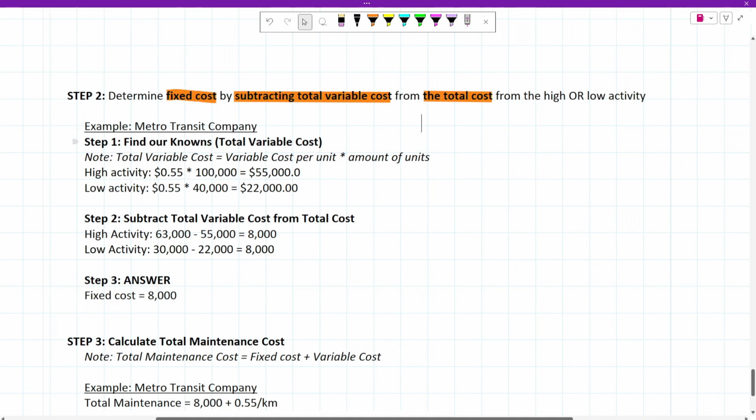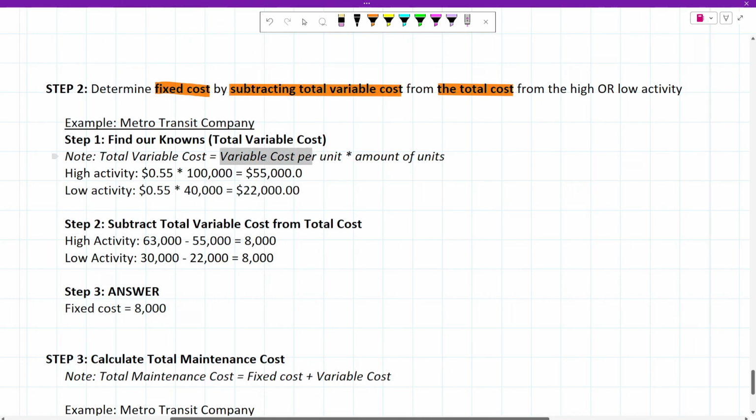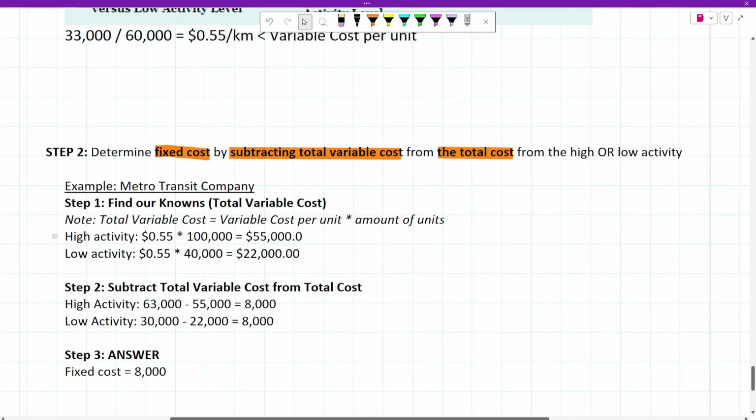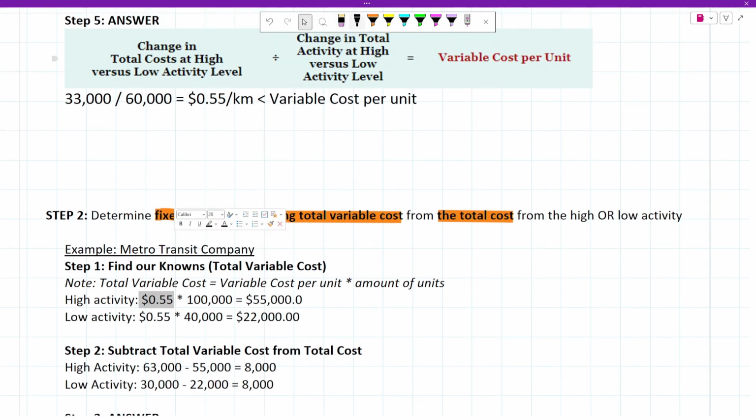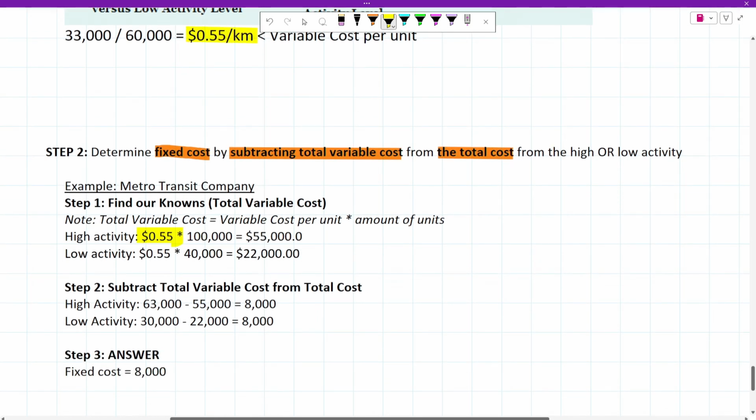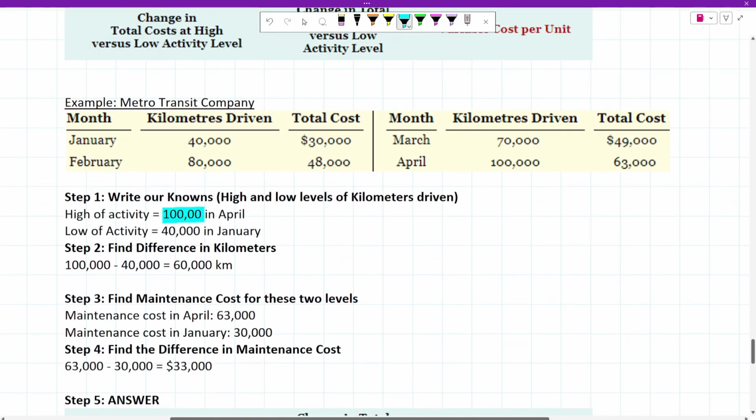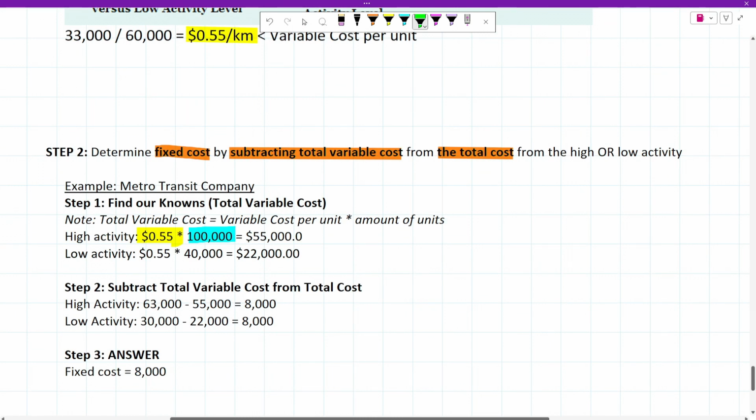Our total variable cost is equal to variable cost per unit times the amount of units. So our 0.55, put that in yellow, is the one from here. And then 100,000, put in blue, is from right here. And this gives us 55,000.